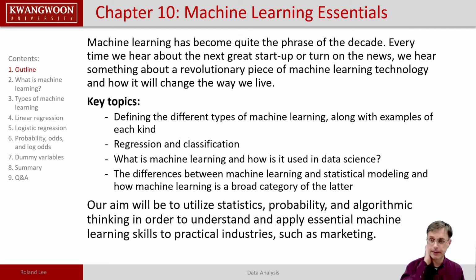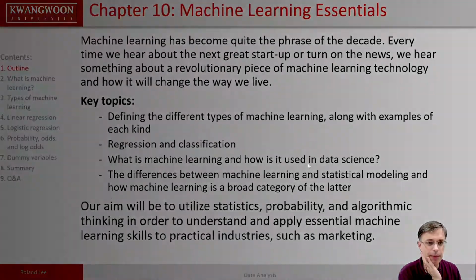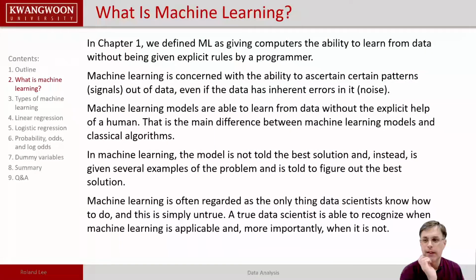Okay, so all right, now what is actually machine learning? Well, in chapter 1, how to sound like a data scientist, we defined machine learning as giving a computer the ability to learn from data without being given explicit instructions or rules by a programmer.